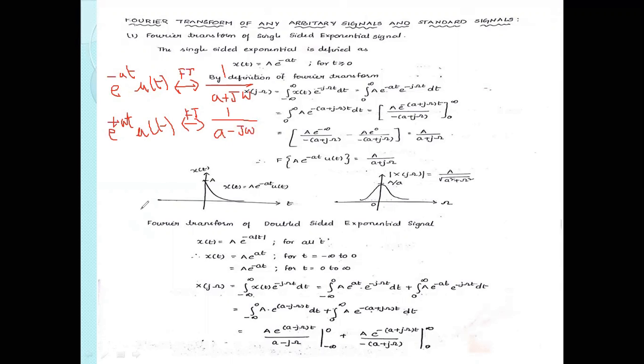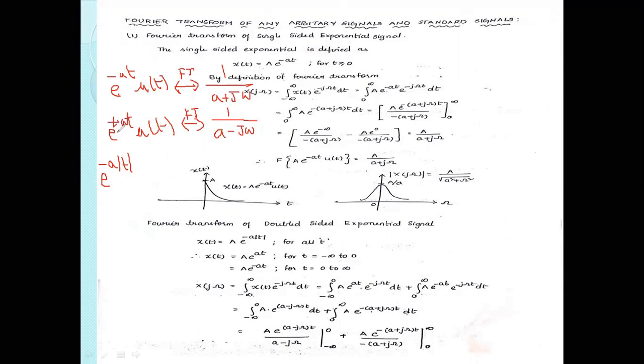Now, what is the Fourier transformation of e power minus a, the magnitude of t? For all the values, the double-sided, you can take from minus infinity to infinity. Actually, when u of t is added, then we can say it is only single-sided.